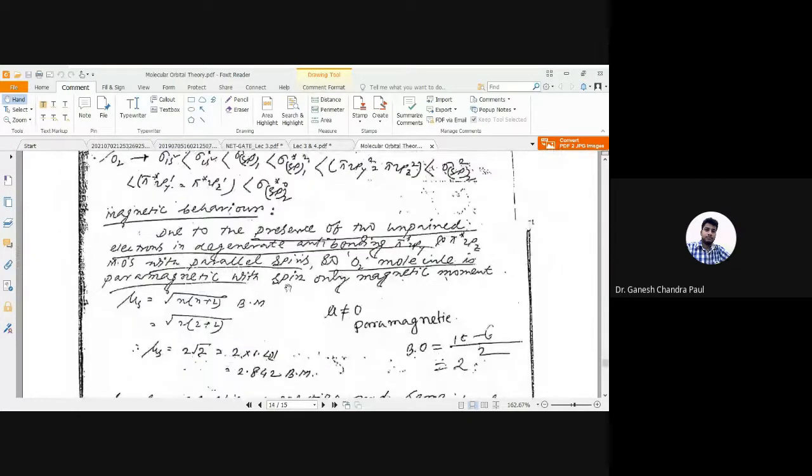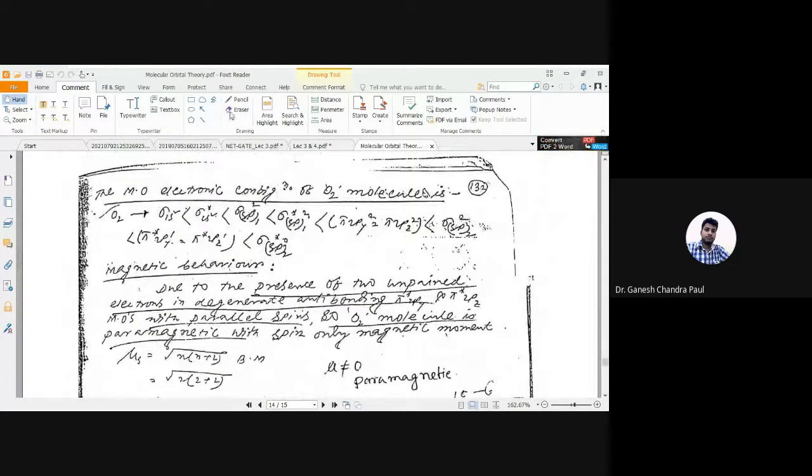So the MO electronic configuration is sigma 1s2, sigma star 1s2, sigma 2s2, sigma star 2s2, pi 2py2, pi 2pz2, then sigma 2p2, and pi star 2py1, pi star 2pz1, and finally sigma star 2p 0.